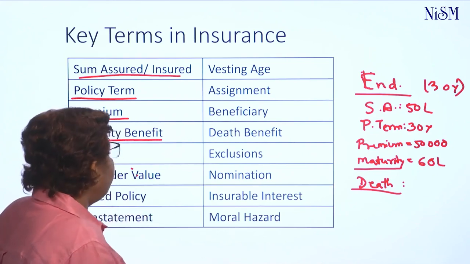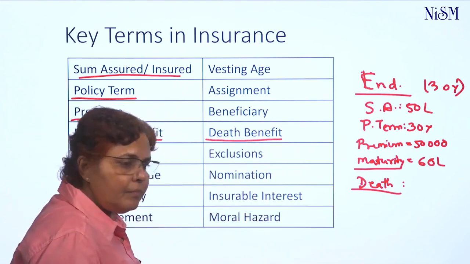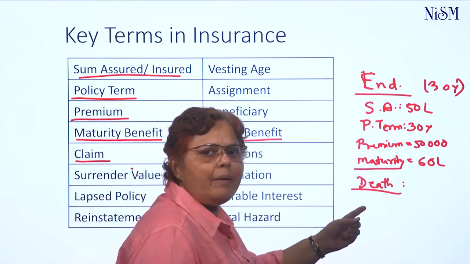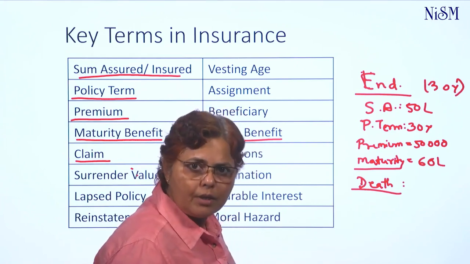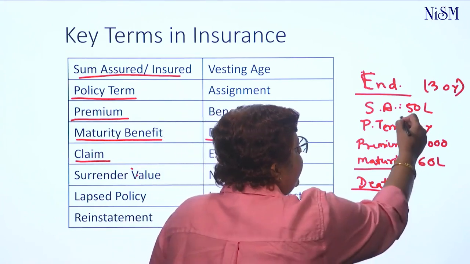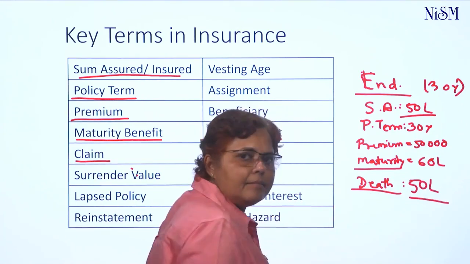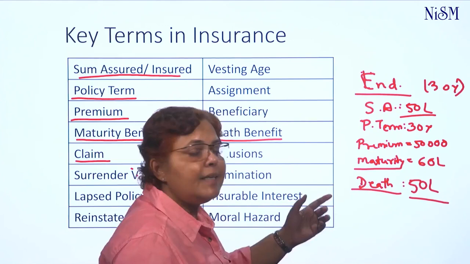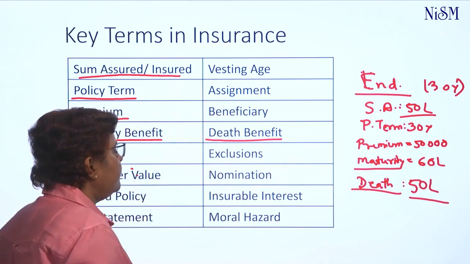We will come to surrender value later. Let us talk about the death benefit first. Now, in this case the family has done the claim and the company agrees to the claim and 50 lakhs of sum assured is given to the family. That is the death claim, correct, that is a death benefit.